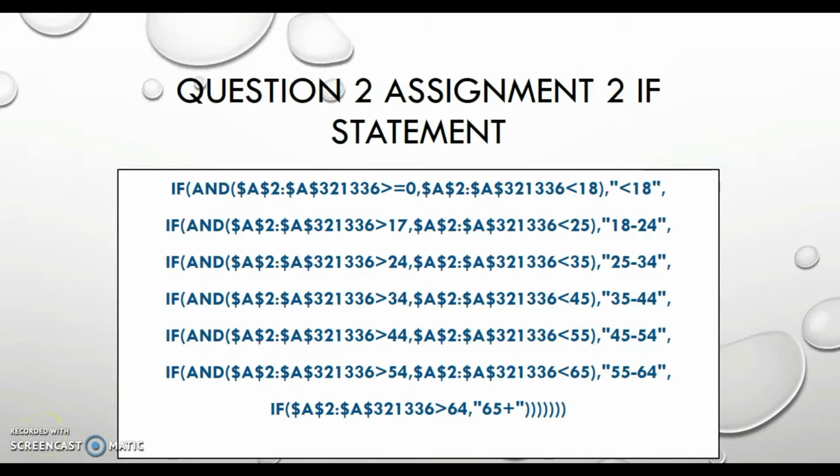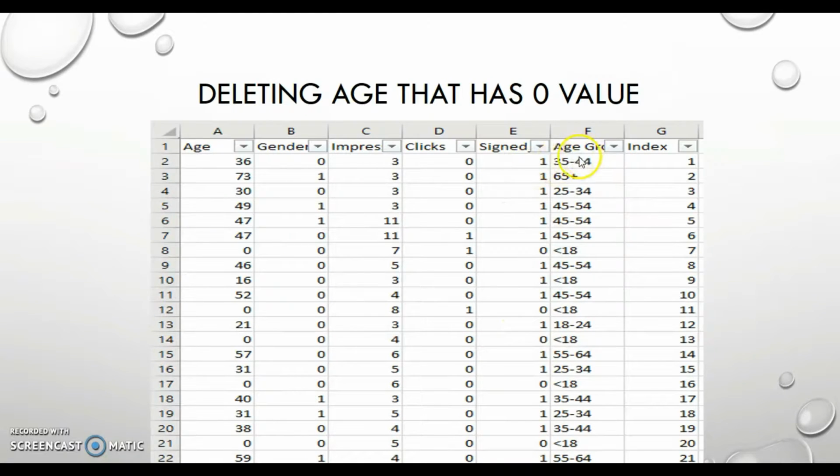Hi, Mr. Yakub. Today I'll be talking about question 2, assignment 2, on how I grouped up all the age in the Excel sheet. First, I used the if statement to group up all the 7 different types of age group. Once the if statement is done, the Excel file will look something like this for the age group row.